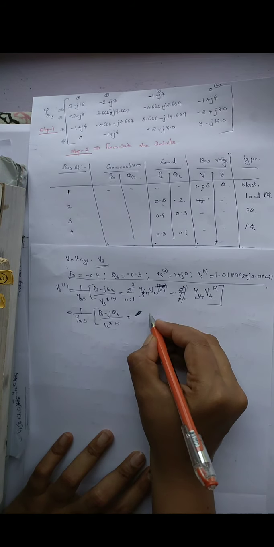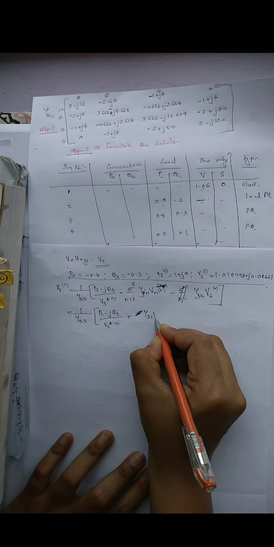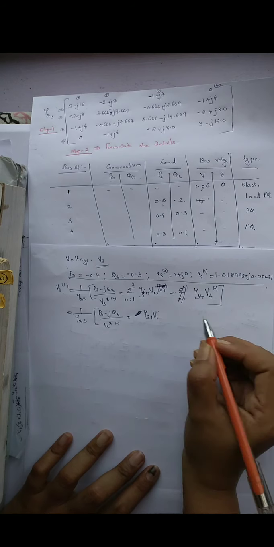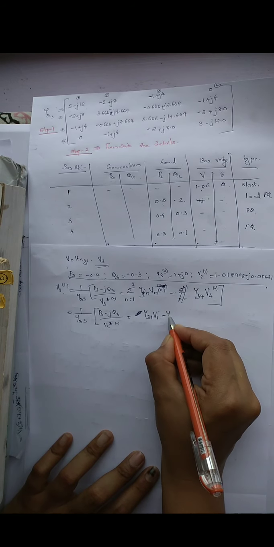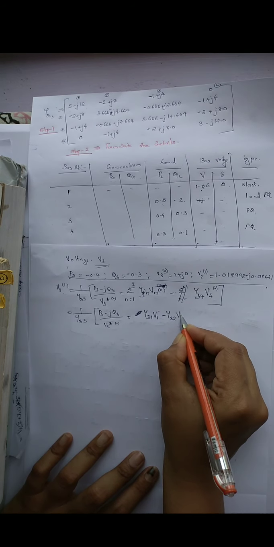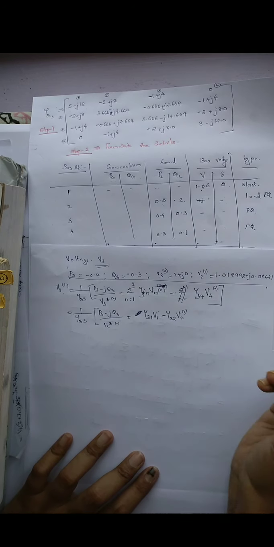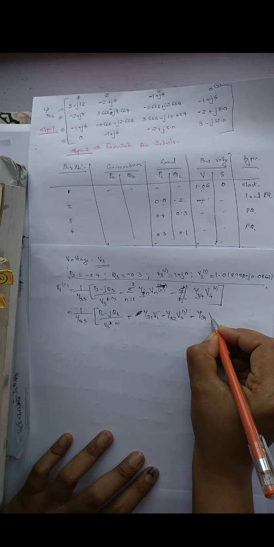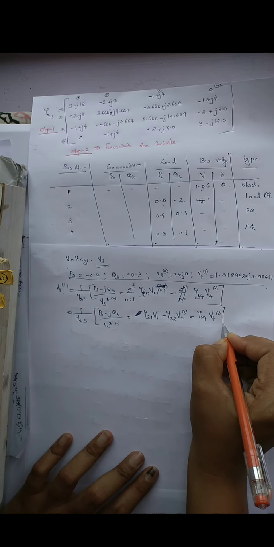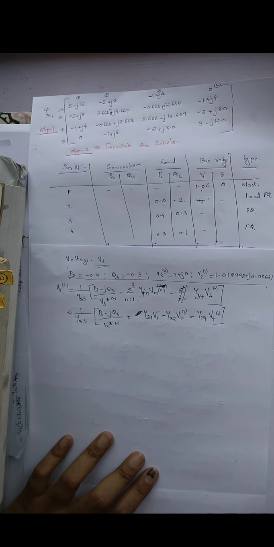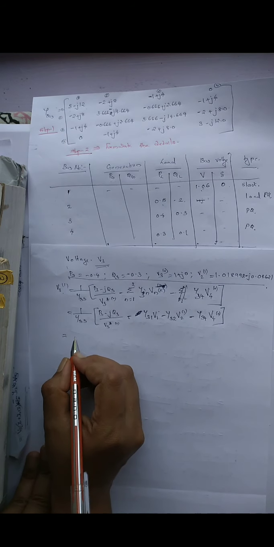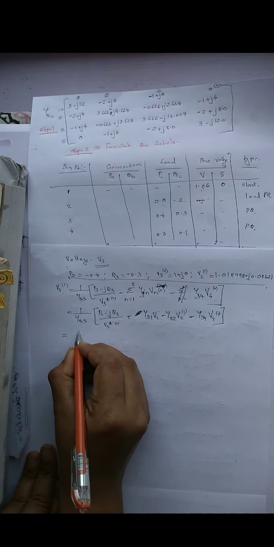I have written the sigma Y31 V1, that is a reference bus or slack bus, we do not need any iteration value, minus Y32 V2, this V2 value should be the present iteration value, minus Y34 V4, that is our past value or 0th value. Again I am substituting for my 1 by Y33.